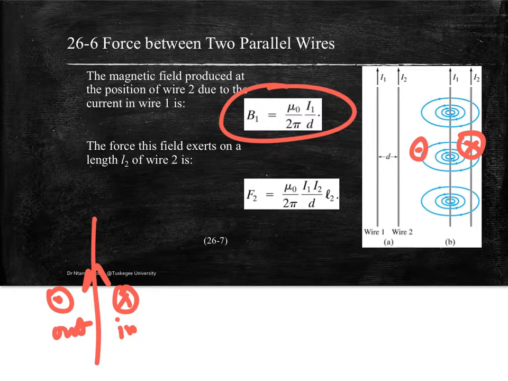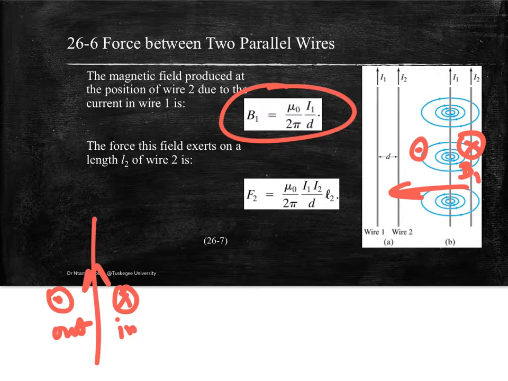Now, using the information that B1 is in at the location of I2 and I2 is up, if we apply the second right hand rule, that means place your straight fingers up since I2 is going up, and then bend your fingers in since B1 is going in, you'll notice that your thumb points to the left, which means the force on current number 2 due to the field from current number 1 is attractive.